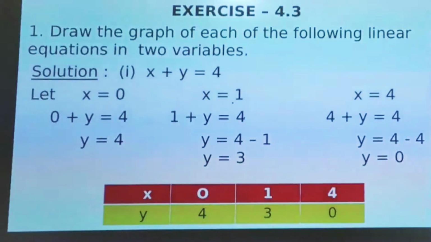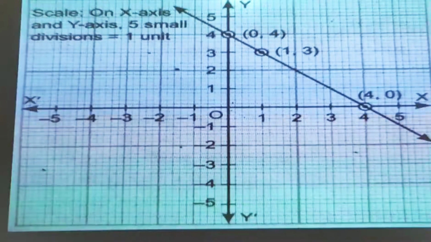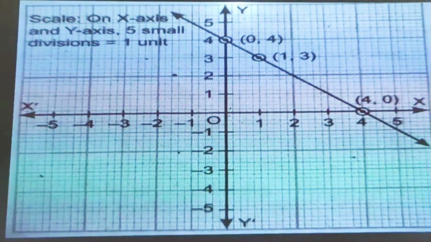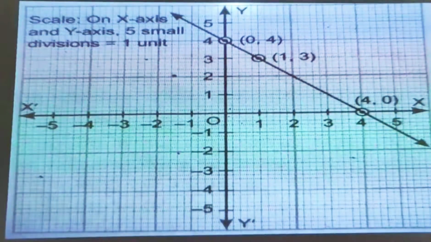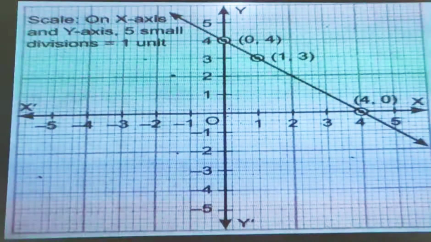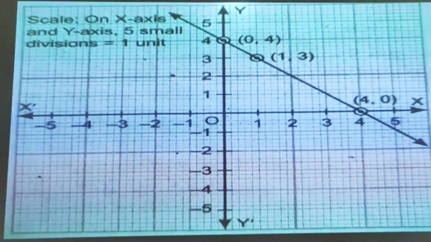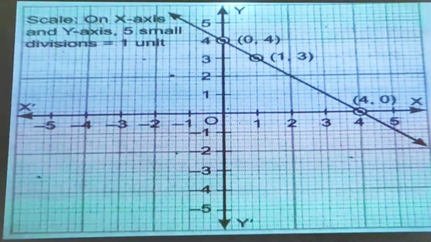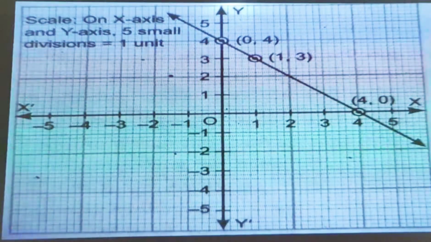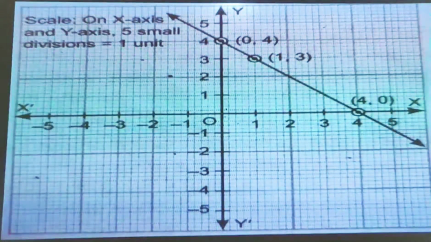Now let's start with the graph. For plotting the graph, on the graph paper you first have to draw the x and y axes as shown in the figure here.